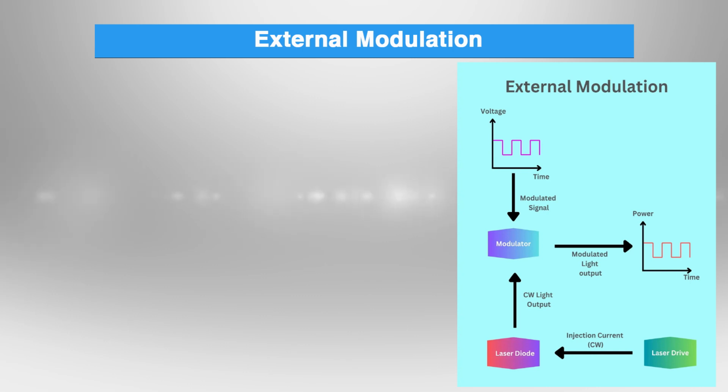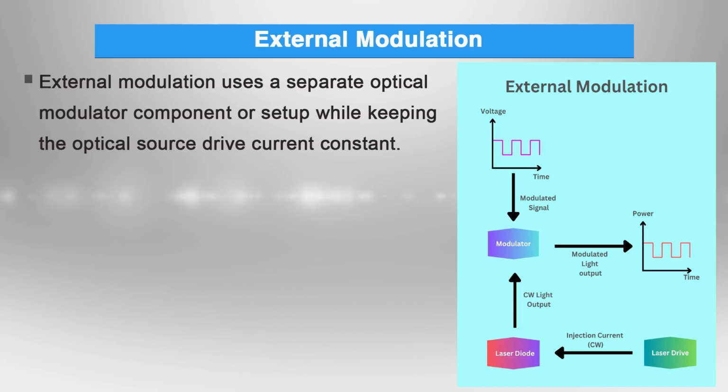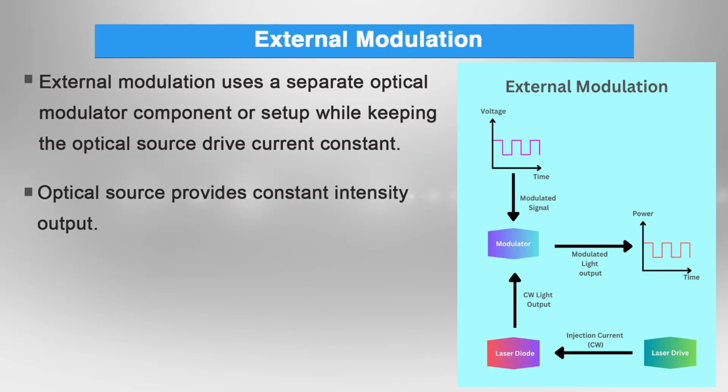Second type of modulation is external modulation. External modulation uses a separate optical modulator, components or setups while keeping the optical source drive current constant. Optical source provides constant intensity output.